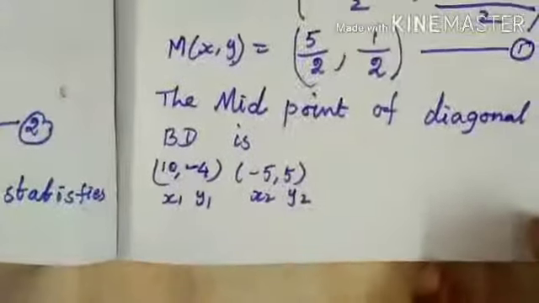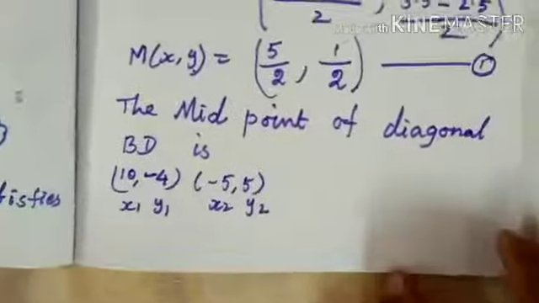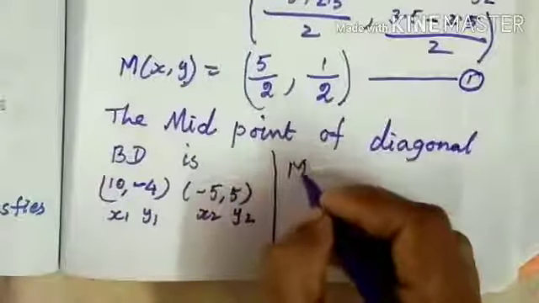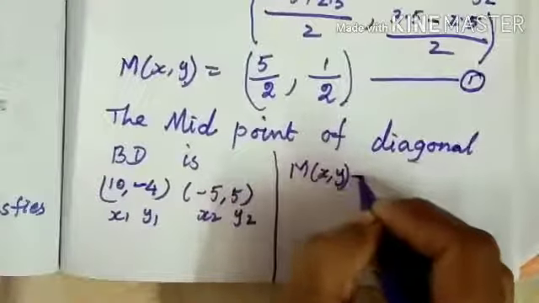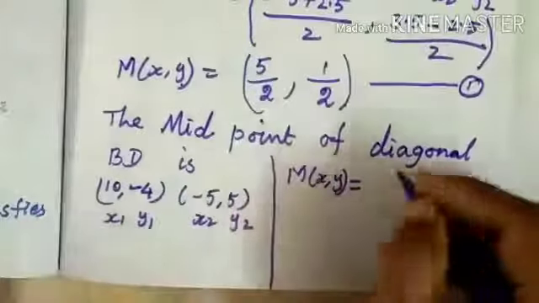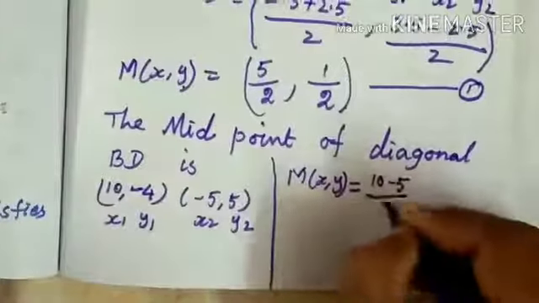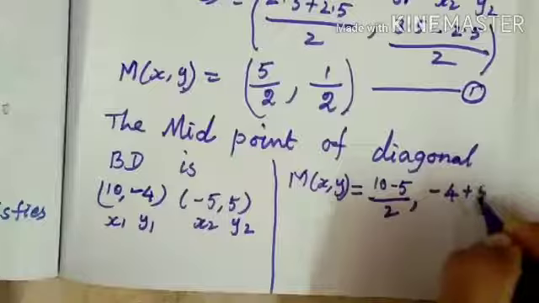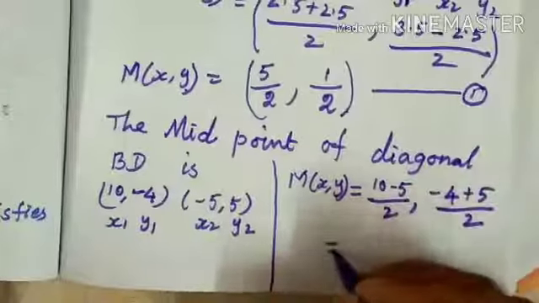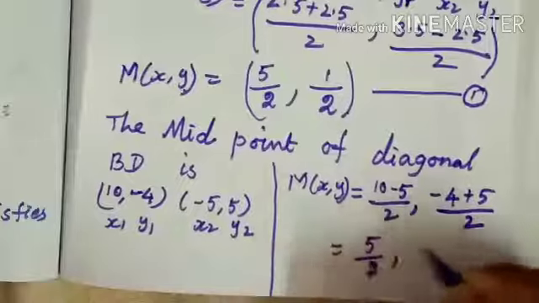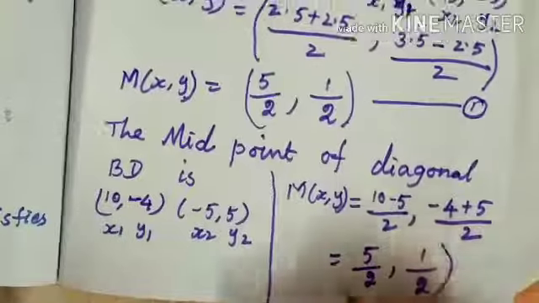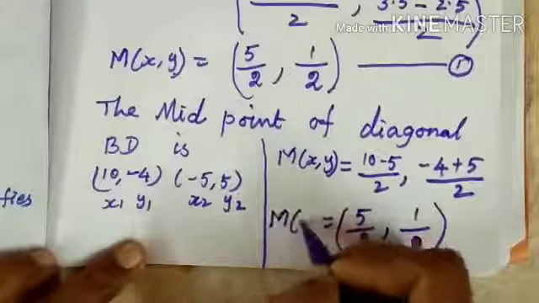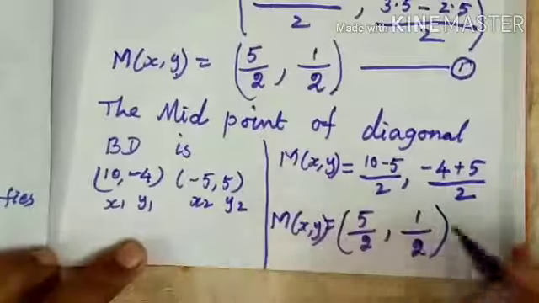Now you have to apply these points in the midpoint formula. Then we get M(x, y) is equal to ((x1 plus x2) 10 minus 5 by 2, (y1 plus y2) minus 4 plus 5 by 2), that is equal to (5 by 2, 1 by 2). Therefore, the midpoint of the diagonal BD is also (5 by 2, 1 by 2).